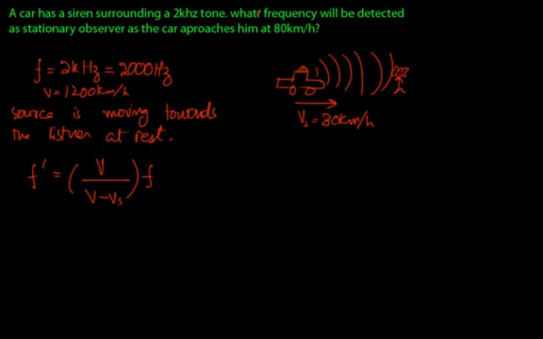Now all I have to do is just put the values in this equation. So velocity की जगह I will be putting 1200. Again यहाँ velocity of sound की जगह I will be putting 1200 minus velocity of source की जगह I will be putting this 80. And इस पूरे को then मैं multiply करूँगा the frequency of the sound that was actually produced, and that was 2000 hertz.